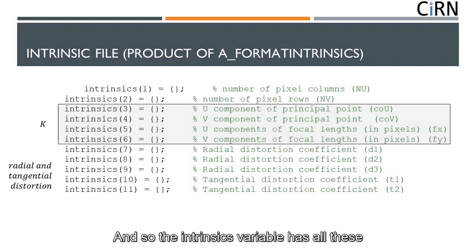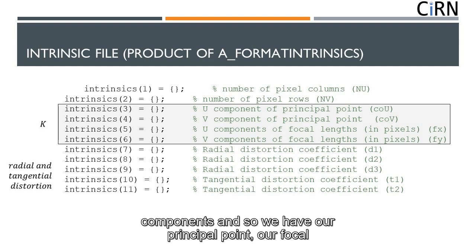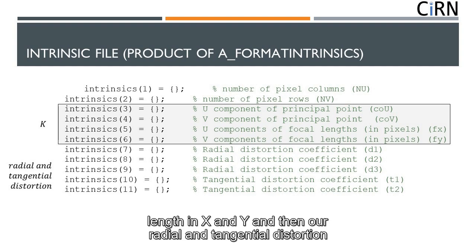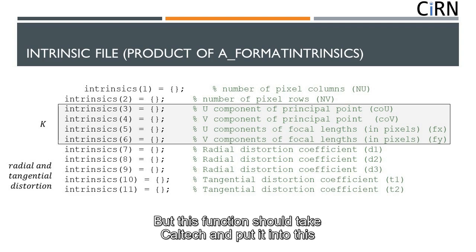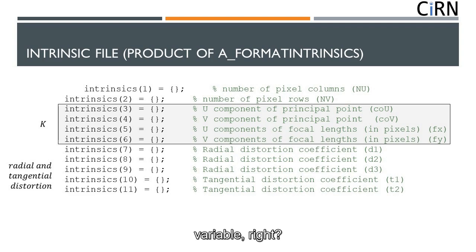The intrinsics variable has all these components: our principal point, our focal length in X and Y, and then our radial and tangential distortion coefficients. This function should take Caltech and put it into this variable, right?